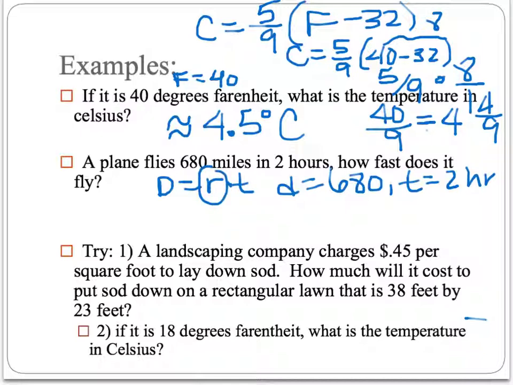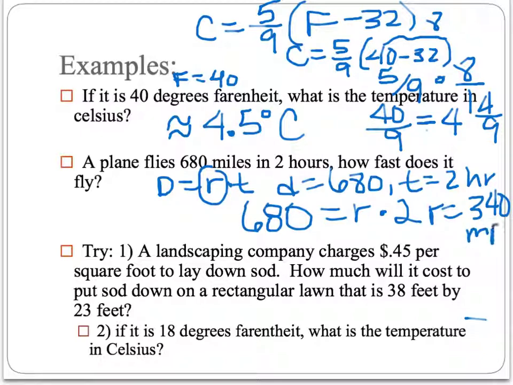So I'm going to plug in what I know: 680 equals rate times 2. If I divide 680 by 2, I get my rate equals 340 miles per hour.